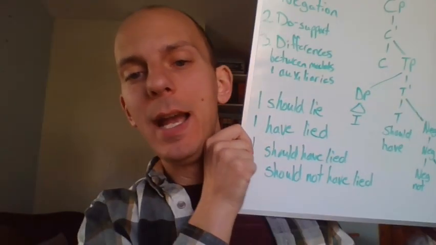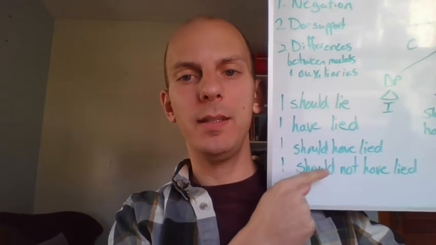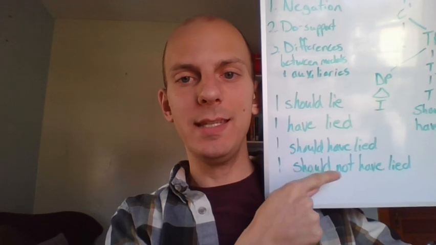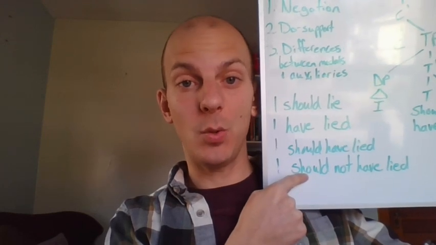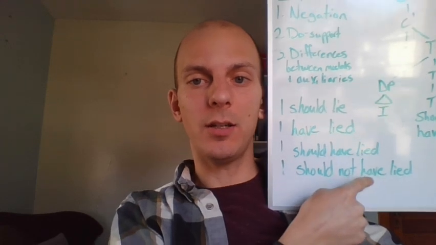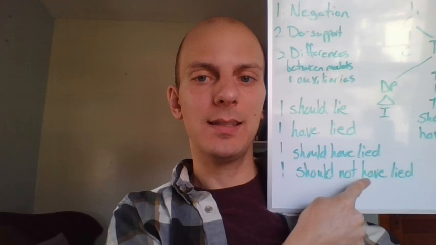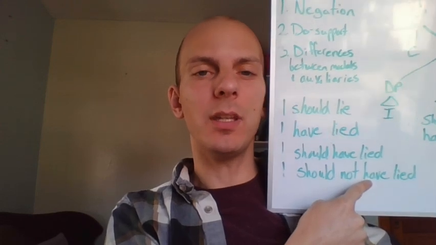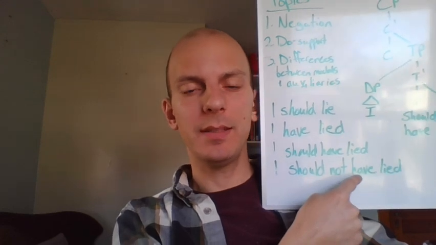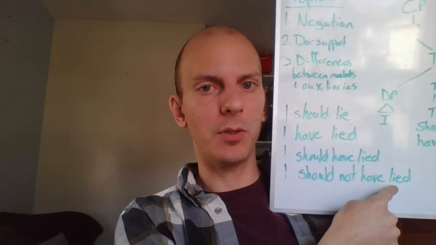So if we come back to this sentence, I should not have lied, what we find is that, once again, negation comes between tense, the modal verb, in tense still, and an auxiliary verb, not truly in tense. This, we will want to say, is then generated in V. Boom. This is going to be a verbal component, which then in turn leads to another verbal component.